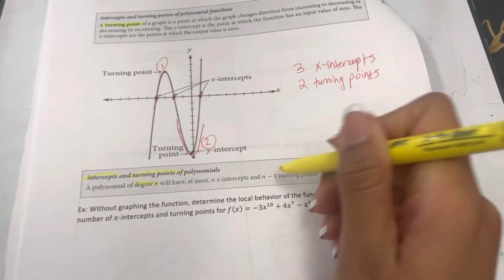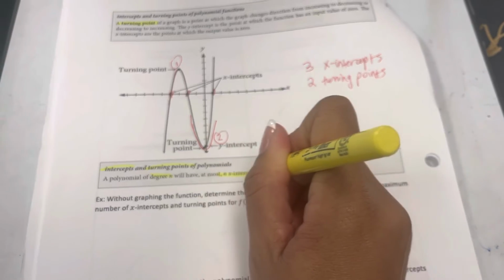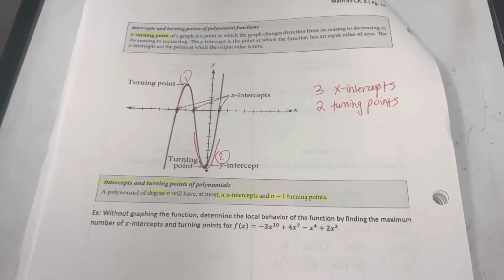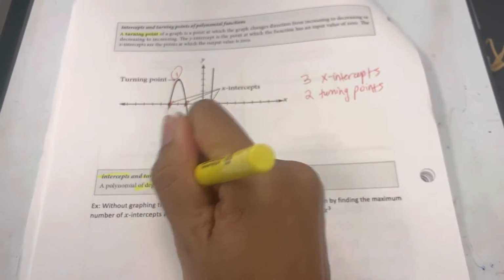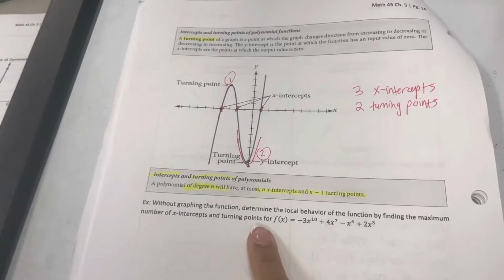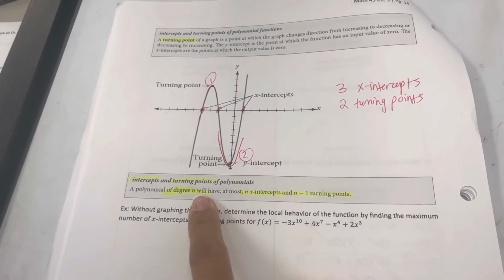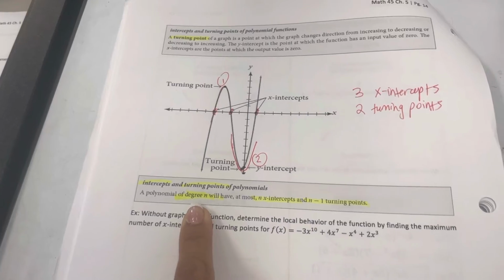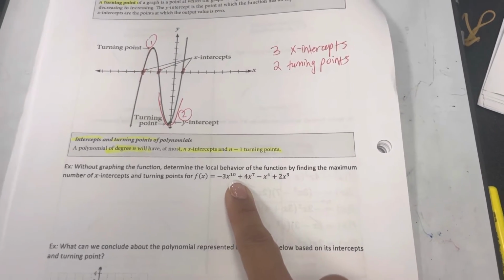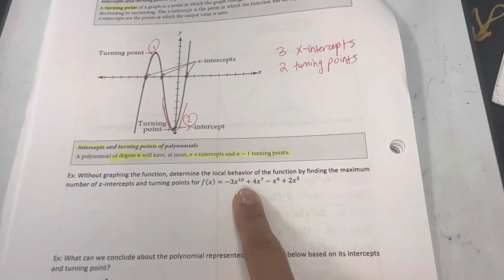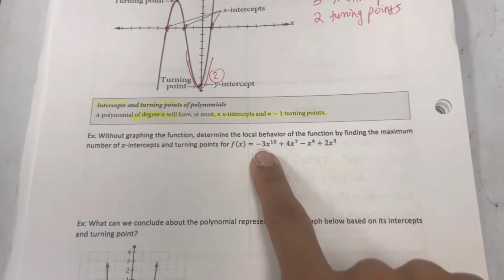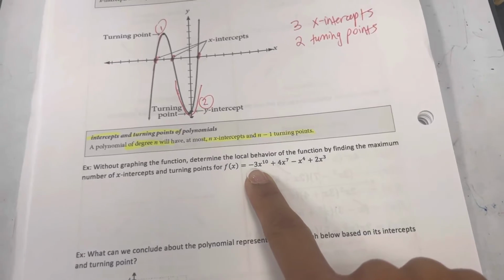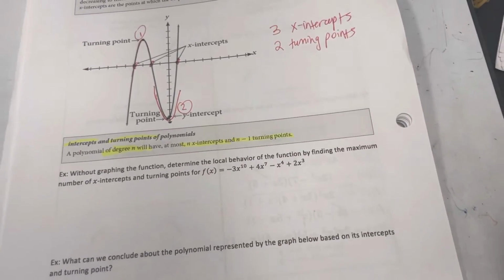Intercepts, turning points, and degrees. And this is the relationship. So if I have a polynomial, the degree is the highest exponent of the polynomial.